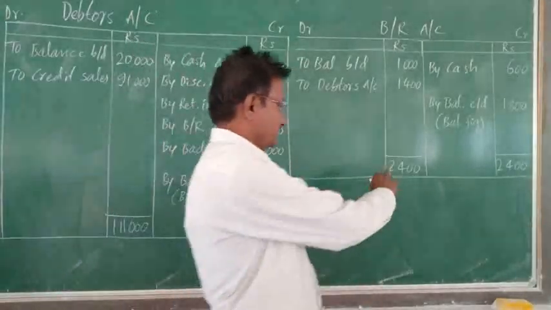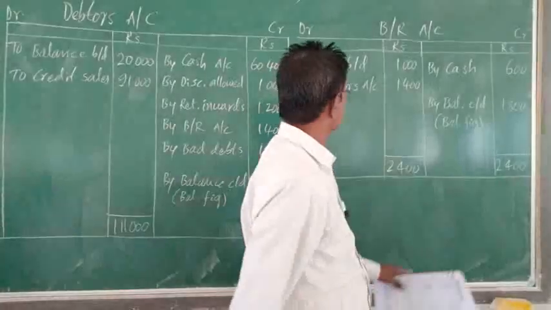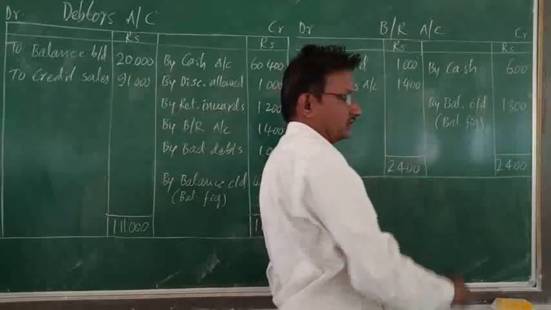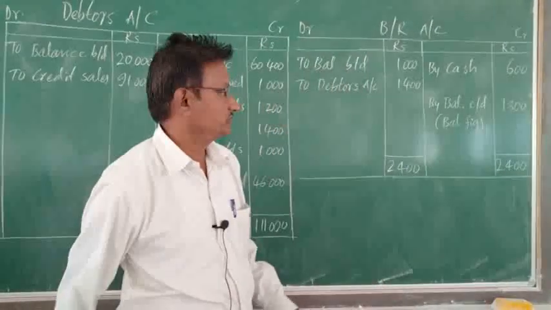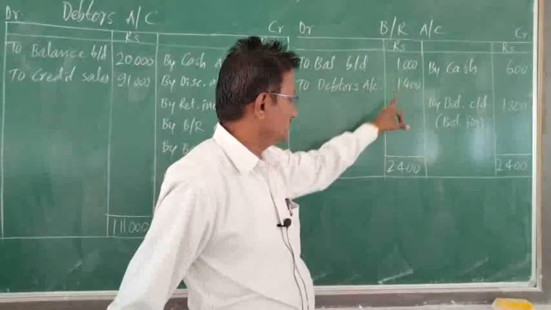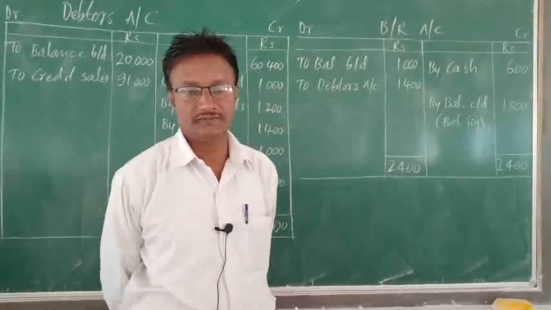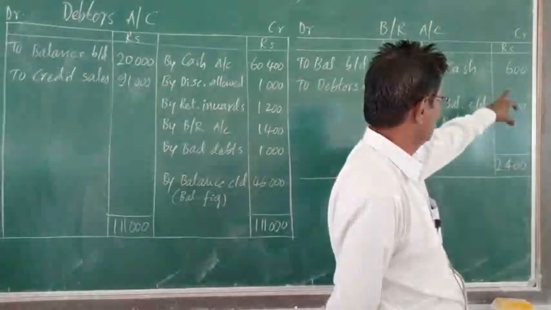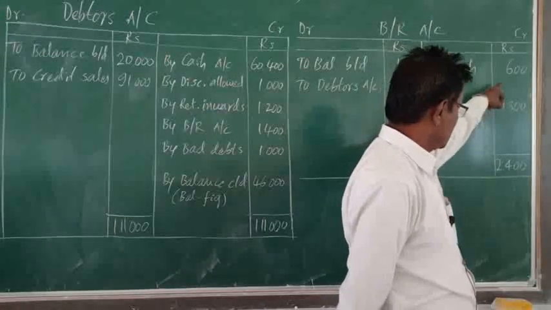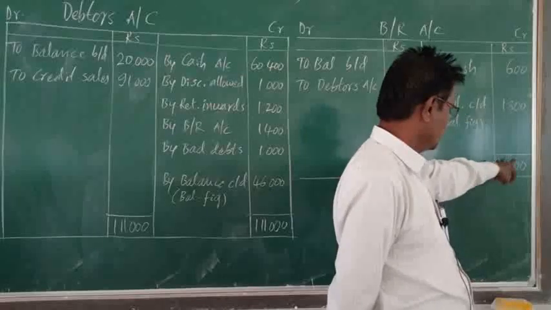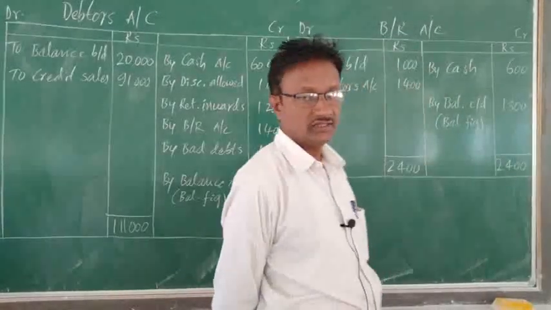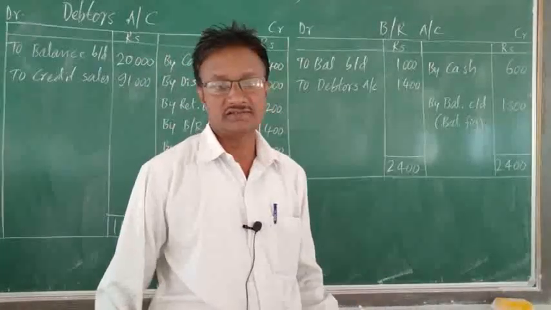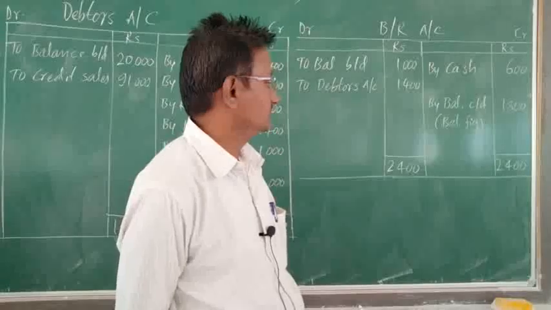Next, close the bills receivable account first. Here are the opening balance and to debtors account, which is the contra entry for bills received. So the total is 2,400, and ascertain the difference on the credit side. 600 is deducted from 2,400. The balance is 1,800, the closing balance of bills receivable, by balance carried down.